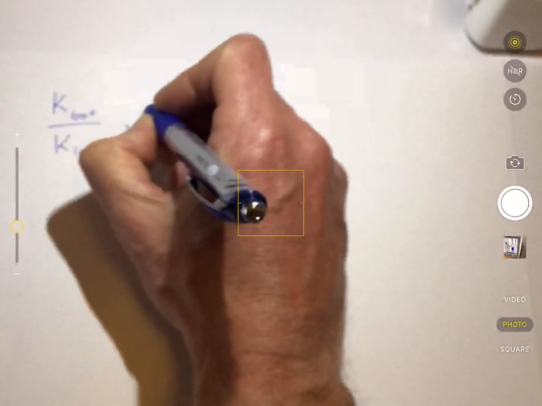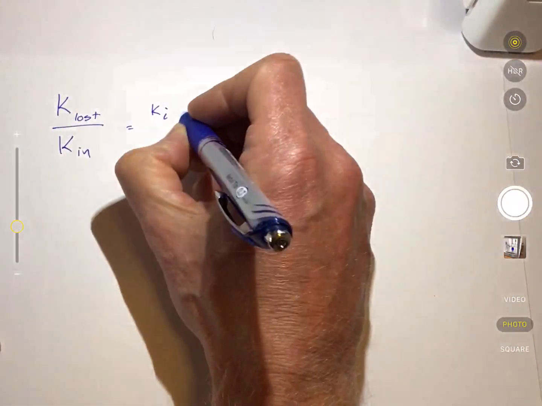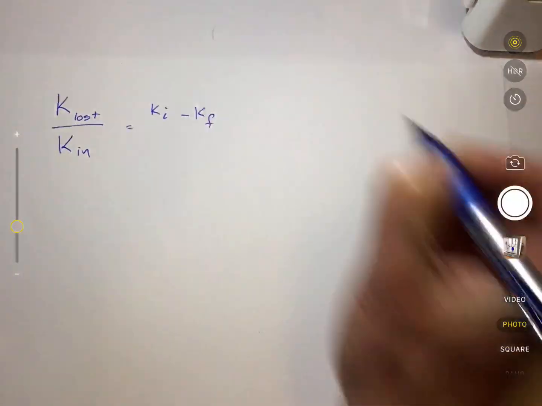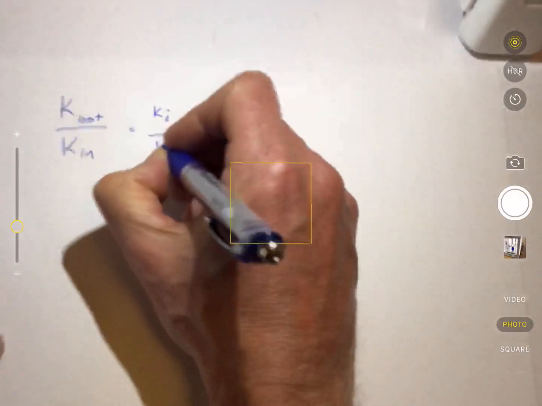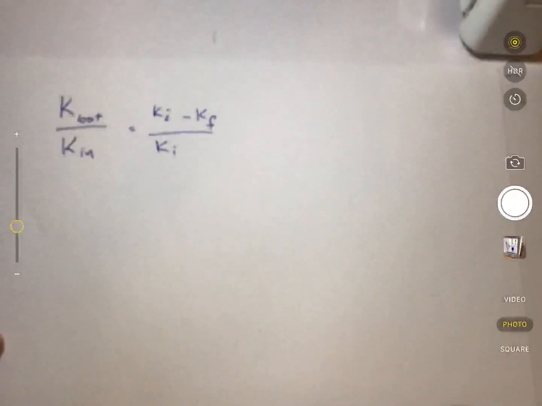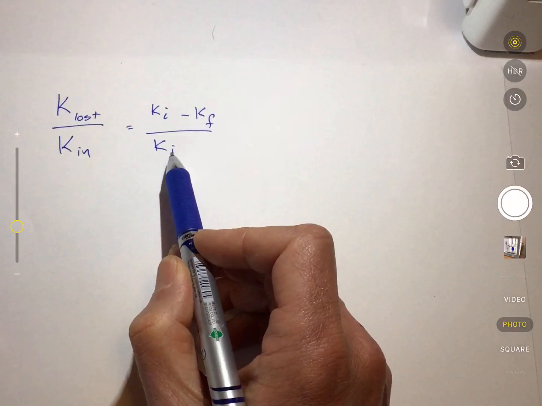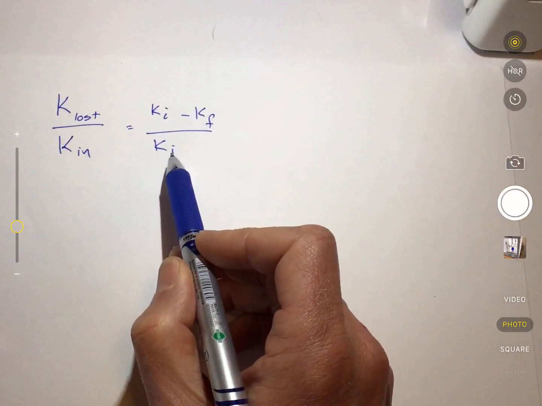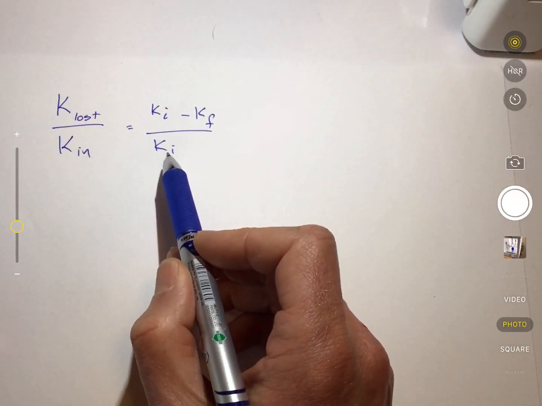Well, K lost would be your initial kinetic energy minus your final kinetic energy. And K initial would be just your initial kinetic energy, right? So right away, before we get going too much into this, we can simplify this a little bit, right?